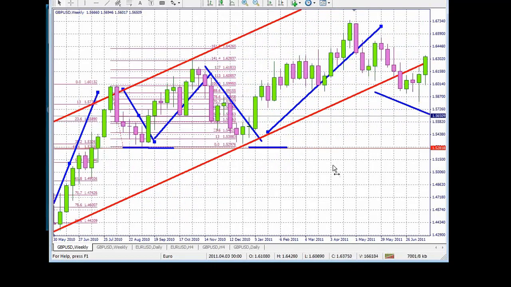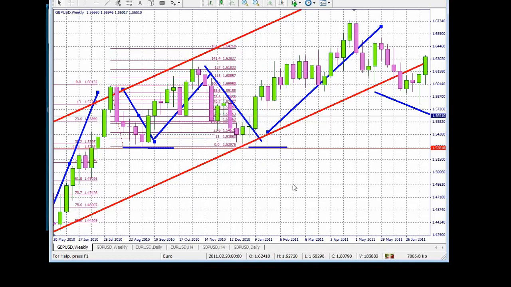we have to consider that the next period will be a fifth wave, which is also unusual because the fifth is the smallest, the weakest, and actually the first wave and fifth wave usually have the same value.